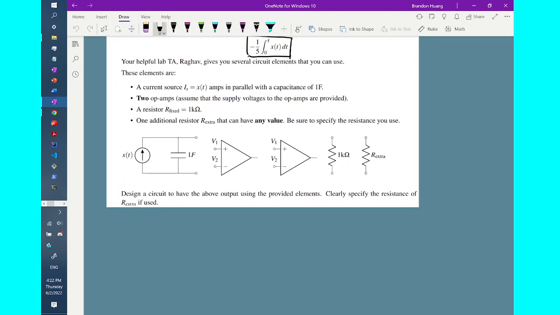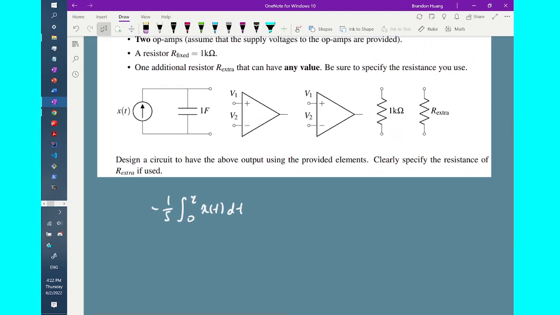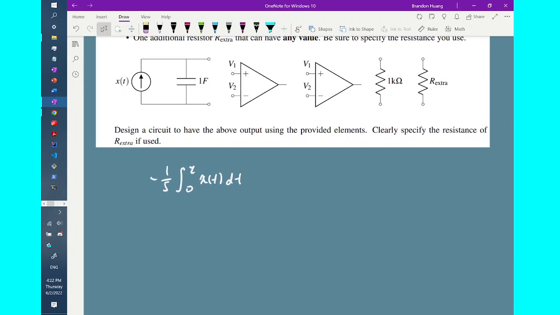So let's try to observe the shape of this equation first. This has to be the output of our circuit. Well, fortunately, there are some circuit elements whose voltage across them can be modeled by an integral, and that will be a capacitor.